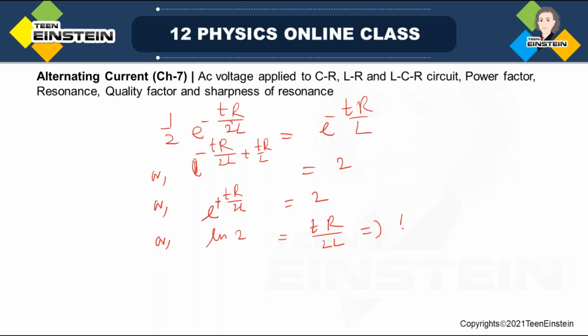So from here, what will be t? The time will be 2L by R ln 2. So this was the thing. I have got t. Then what will be Imax?